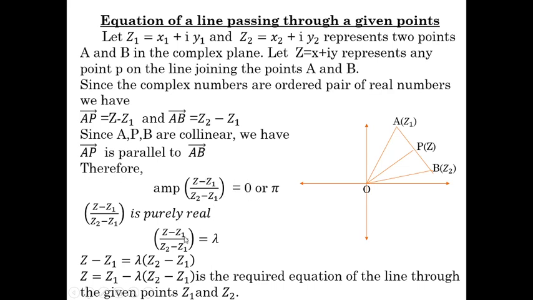Therefore (z - z1)/(z2 - z1) = lambda, take lambda. Now multiply: z - z1 = lambda times (z2 - z1). That is, z = z1 + lambda times (z2 - z1) is the required equation of the line passing through the two given points z1 and z2.